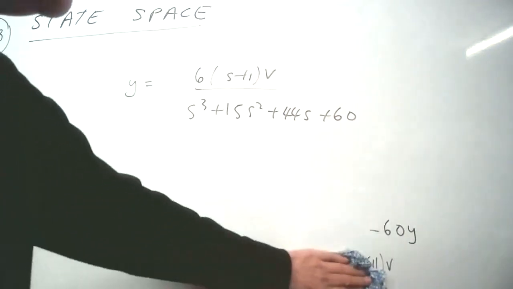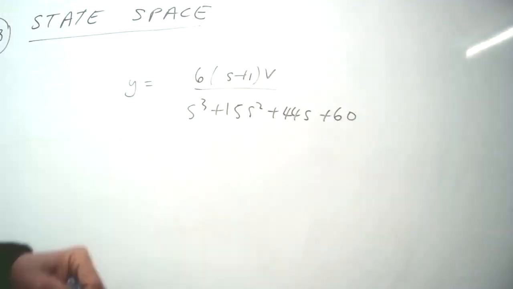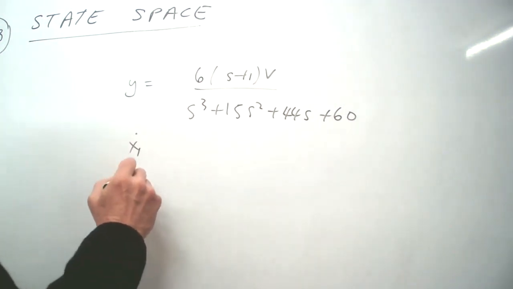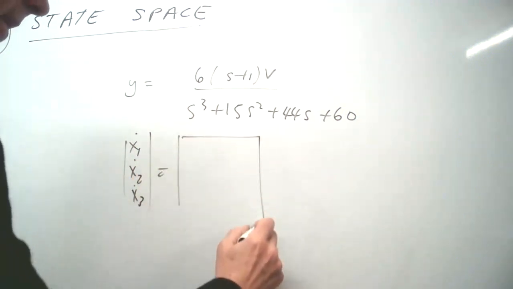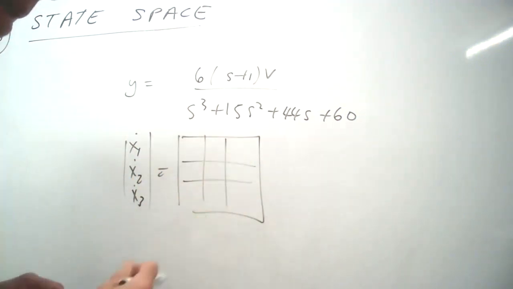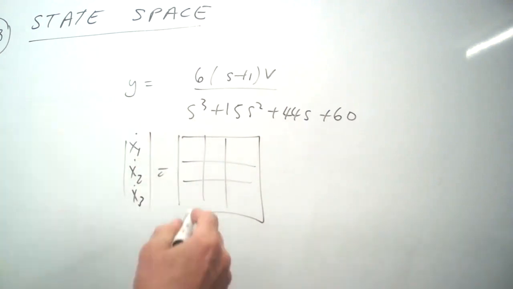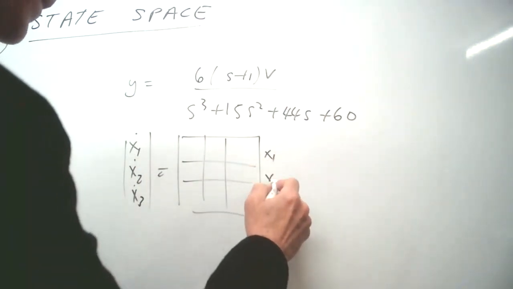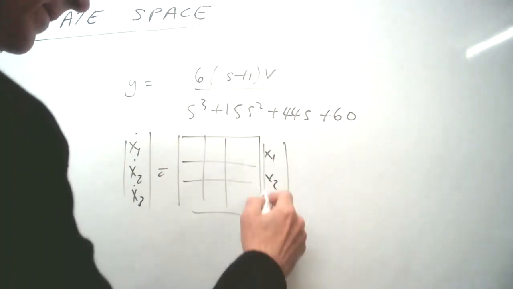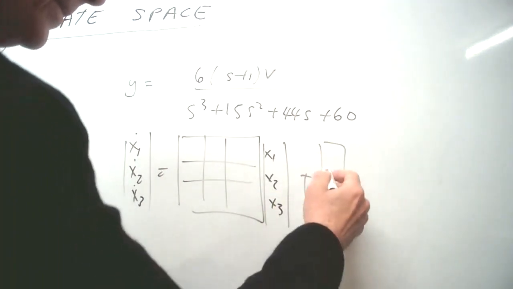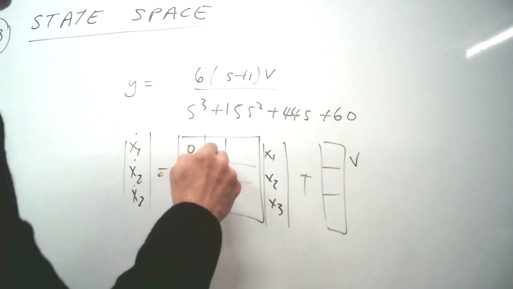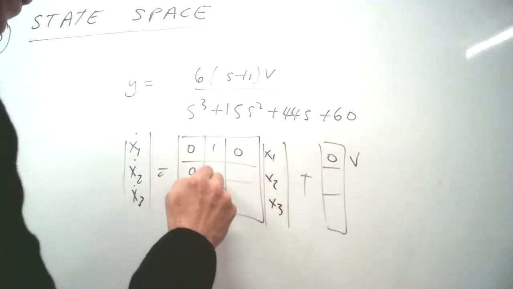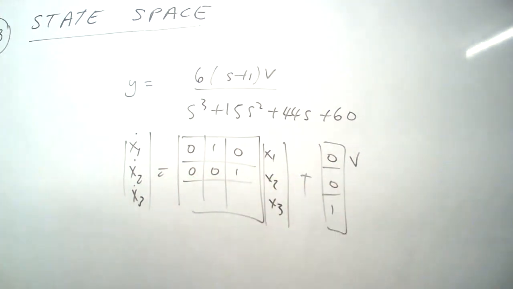Then the second part would be to put this in companion form. That would be just like x1 dot, x2 dot, x3 dot. This is a third order system, because s is to the power of 3 there, and that'd be x1, x2, x3 plus v. And then remember the companion form goes 0, 1, 0, 0, 0, 1, 0, 0, 1.